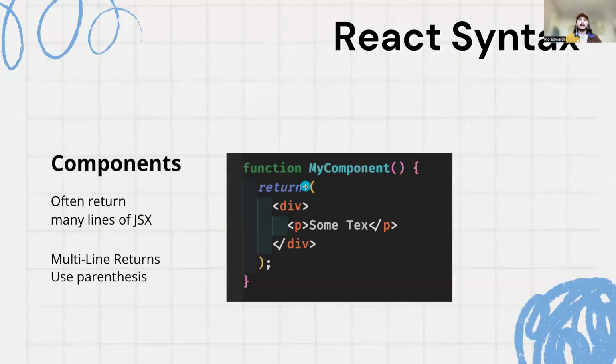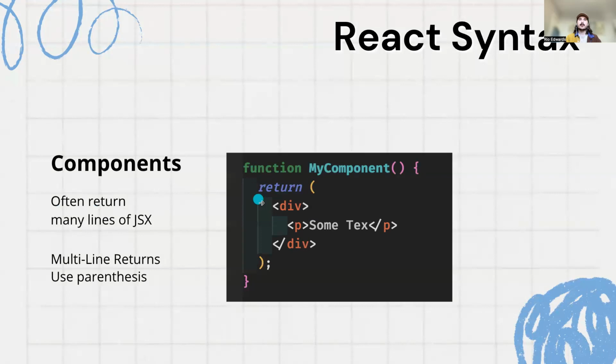Another thing to keep in mind is that we're used to writing functions where the return is basically just one value, so the return is on one line. In React, you'll generally have returns that return a whole bunch of stuff. And when you do that, you have to wrap it in parentheses. If you were returning one element, it could be on one line and you wouldn't have to worry about the parentheses, but it's just a weird syntax to get used to.